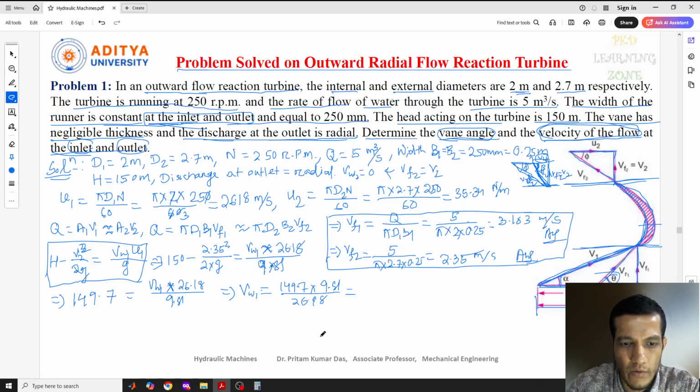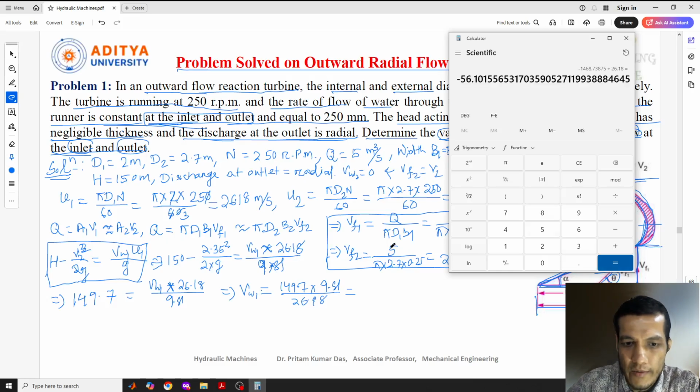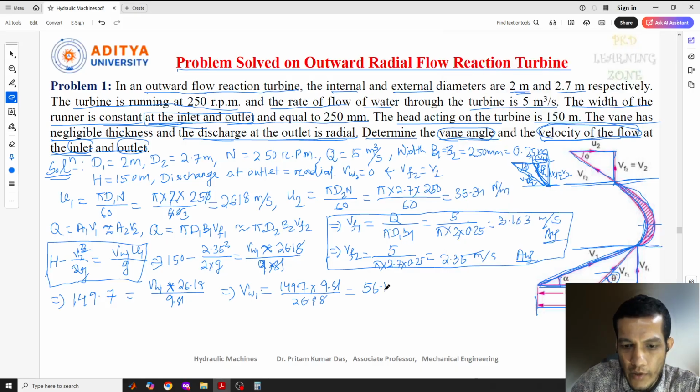We'll get this value: 56.1. So this value is 56.1 meter per second. Now we can easily find out the theta value.